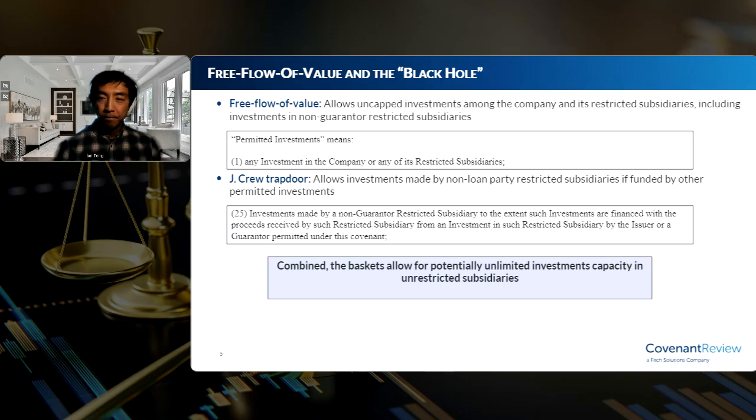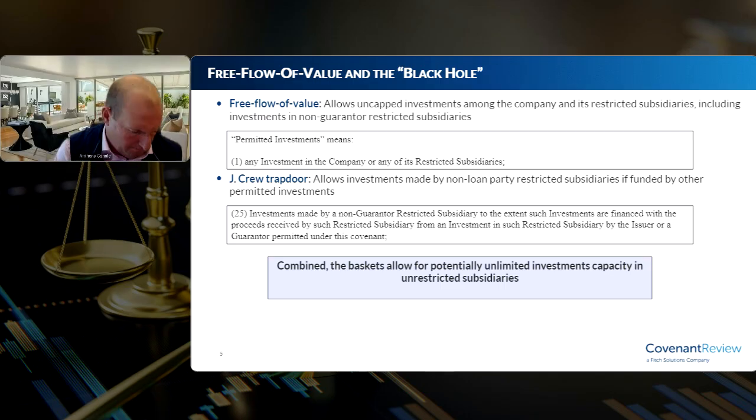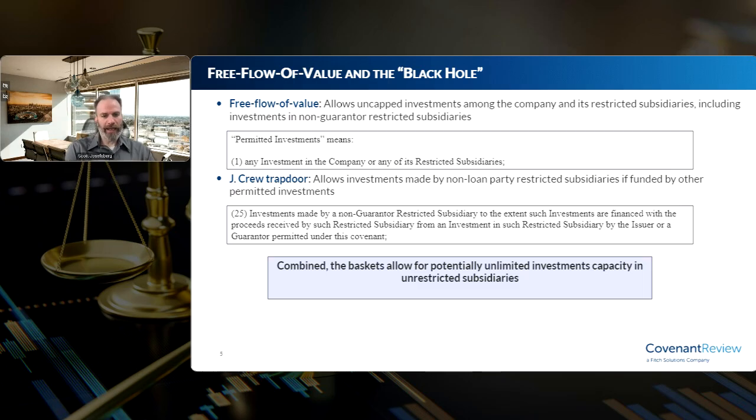It's a good point, Ian, that you can do a drop down transaction with any non-guarantor entity, restricted subsidiary or unrestricted subsidiary. And just to put a finer point on that, I think it's worth pointing out for folks who are a little new to this stuff that unrestricted subsidiaries and restricted subsidiaries are really artificial designations that exist solely for the purpose of the credit documents.